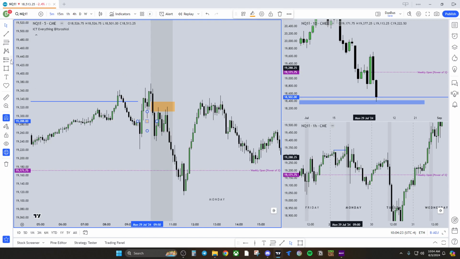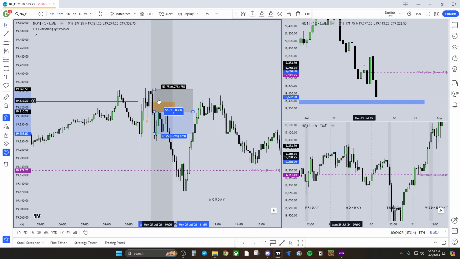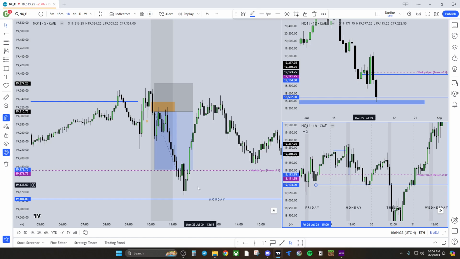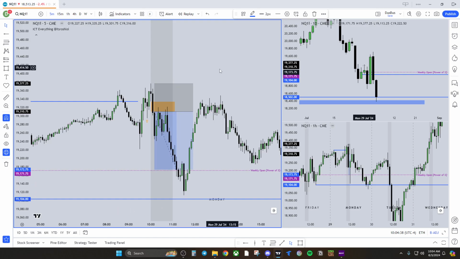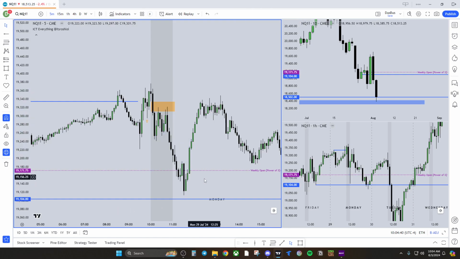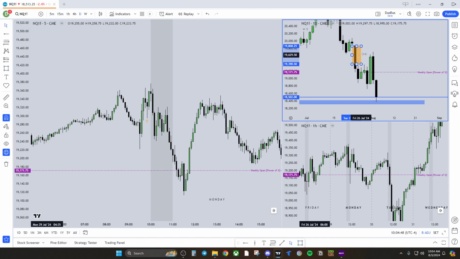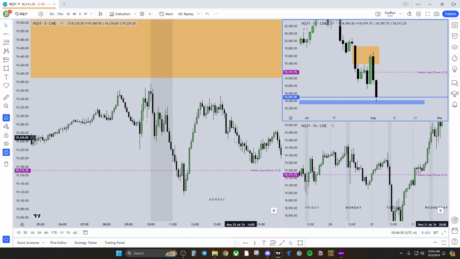Then you can short here, stop at the high. A good target would be weekly open or this hourly sell side, which didn't get hit, which is actually unfortunate, but it takes you into Tuesday. So on Tuesday, I was looking for this inefficiency since Monday didn't.